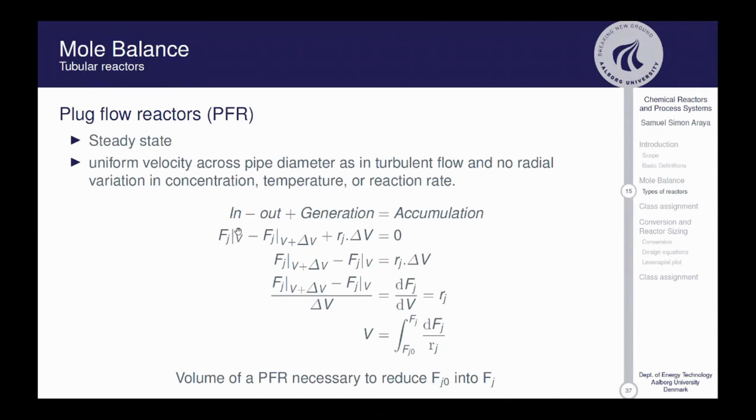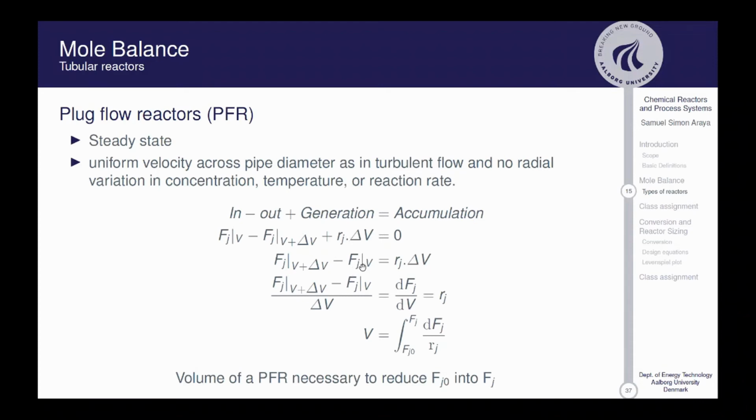Therefore, if we start from a volume V, then our slice will have a volume of delta V, and in will be that, and out will be what's going out at the volume V plus delta V. And our generation in this case will be the generation only in that volume.